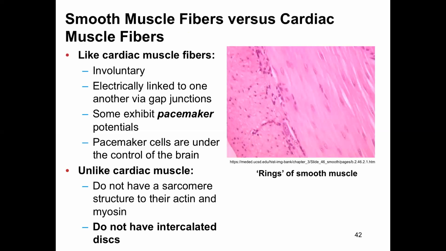But smooth muscle is very often associated with rings, and these rings are going to be in different directions. So here, if you look at these, this would be an in-plane cut, and this is sort of wrapped around a tube, and I drew this in class, right? You have a lumen of some kind of space, whether that be what we use for breathing, so your trachea, and all that other great stuff, which we'll talk about later, or the middle of your digestive tract, or the middle of your blood vessel.